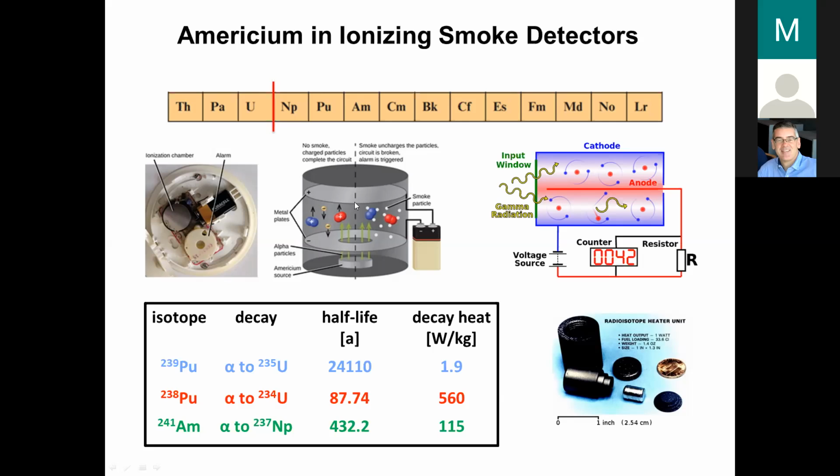And once a gas molecule is hit by an alpha particle, the gas molecule ionizes, liberates electrons, and creates ions, and they travel to the respective differently charged electrodes and generate a constant current that is directly related to the particle emission rate, which is pretty constant with a half-life of 430 years.